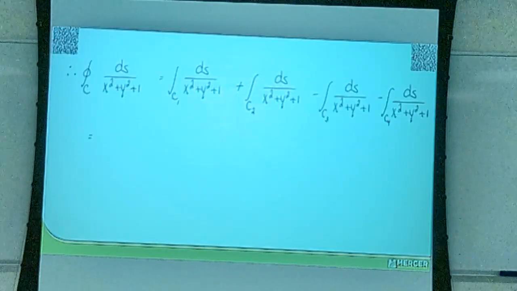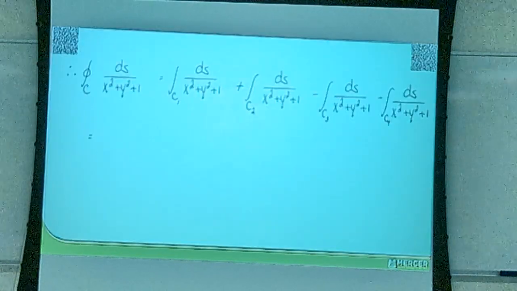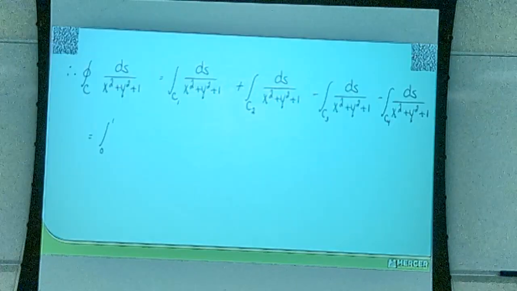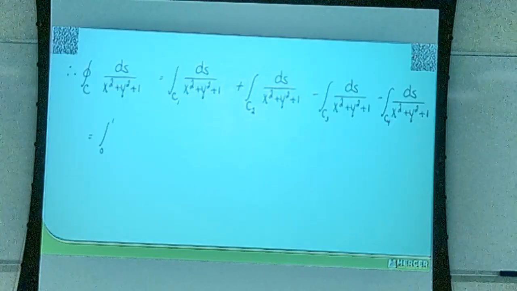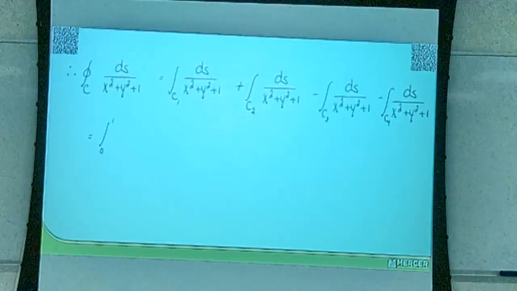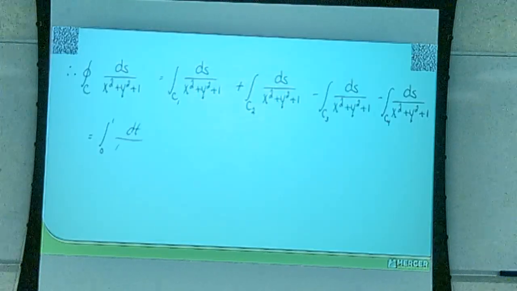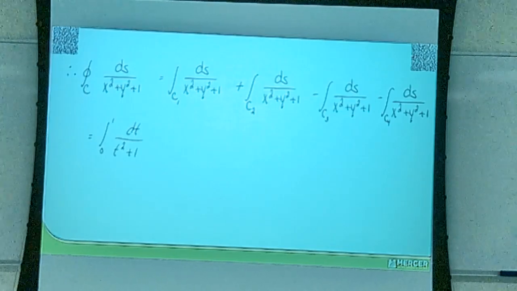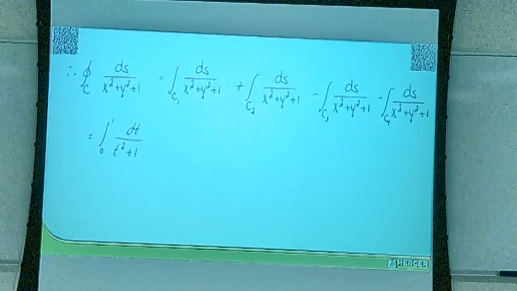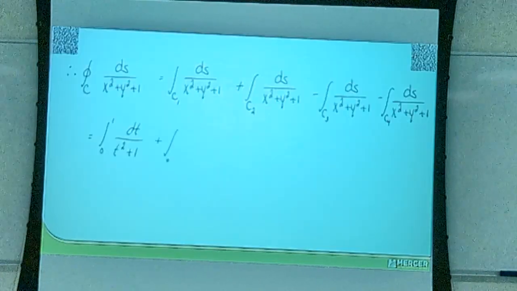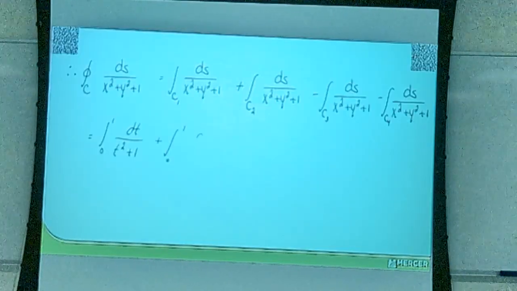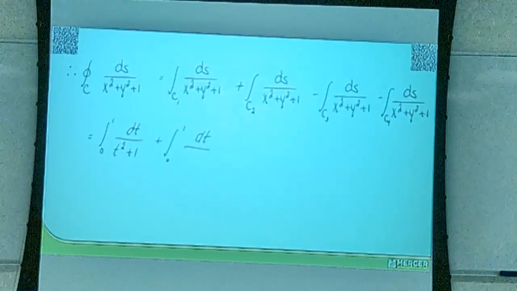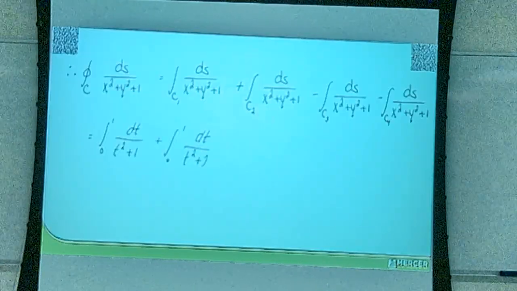Yeah, that's right. Integral from 0 to 1, x was t, y was 0, right? And then ds is just 1 dt. Plus 0 to 1. ds is 1 dt, x is 1, y is t, you get t squared plus 2.